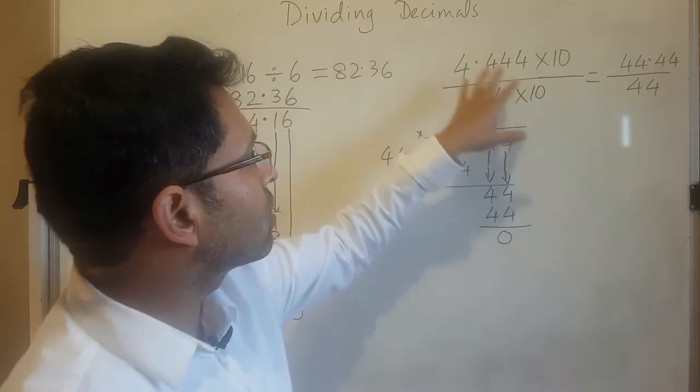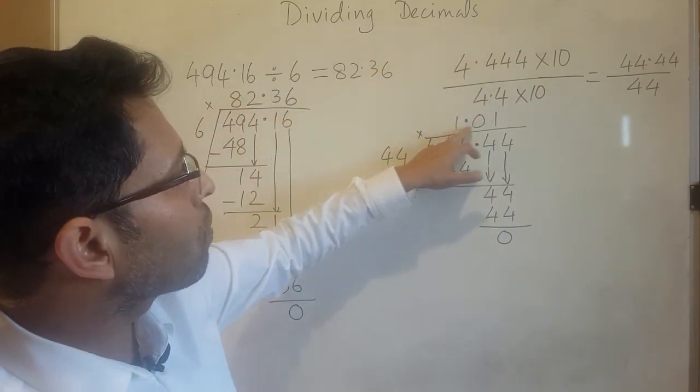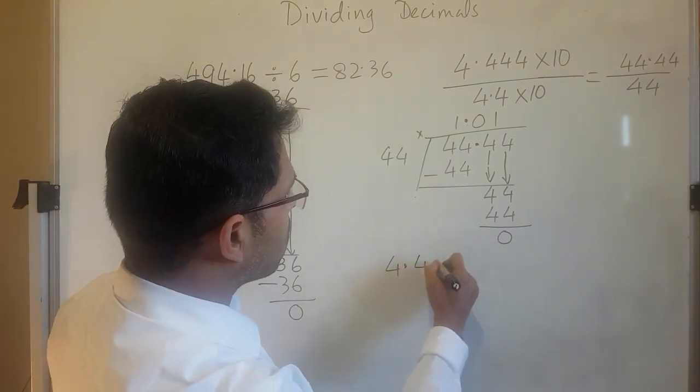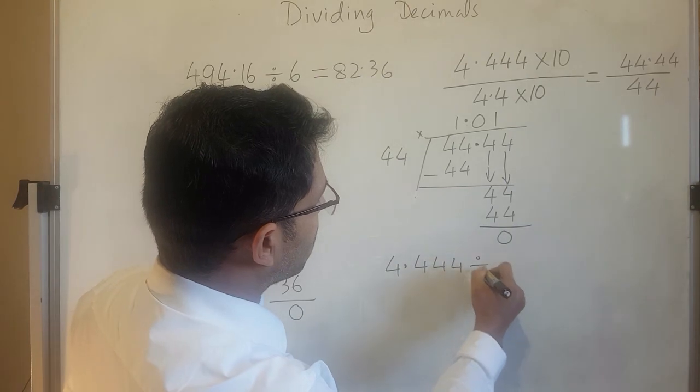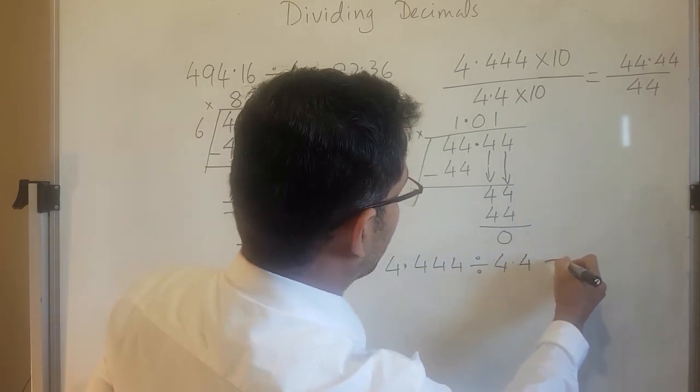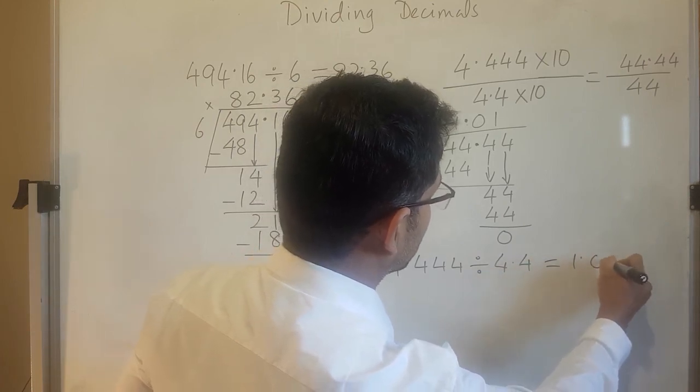So our answer for this division is 1.01, if you write the question as 4.444 divided by 4.4.